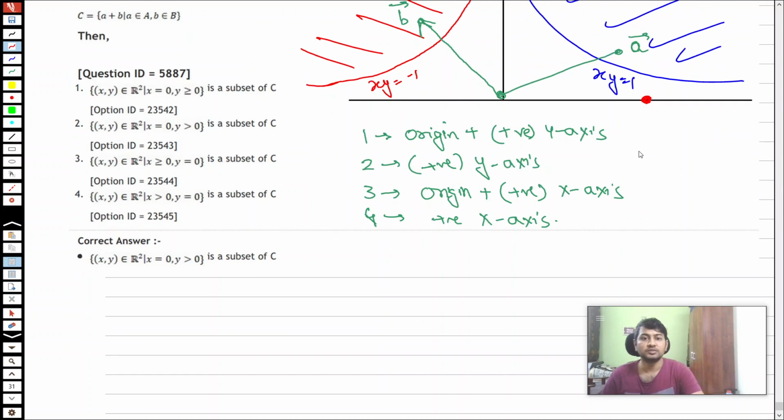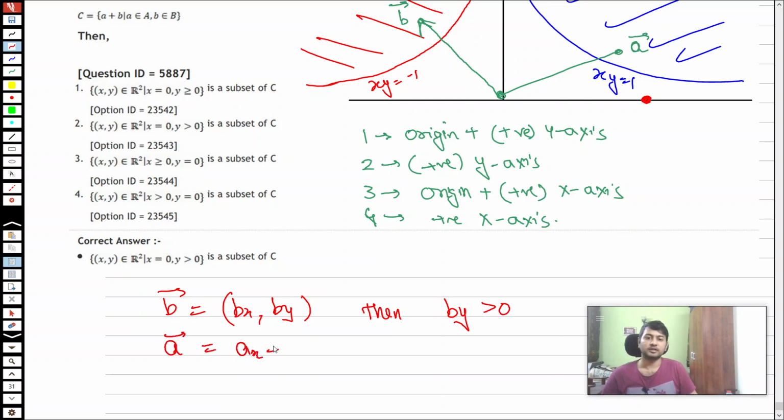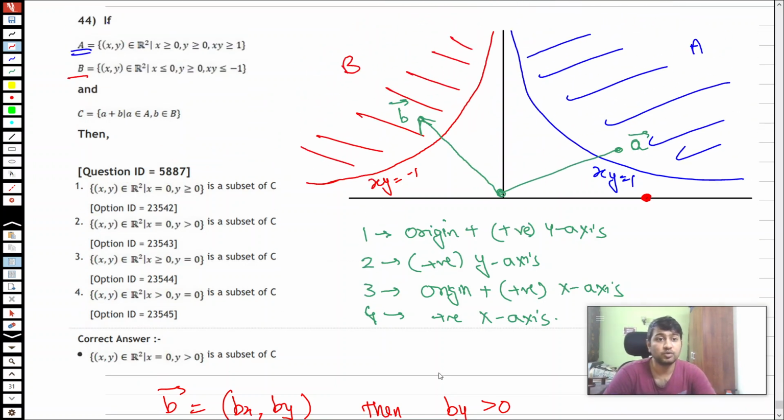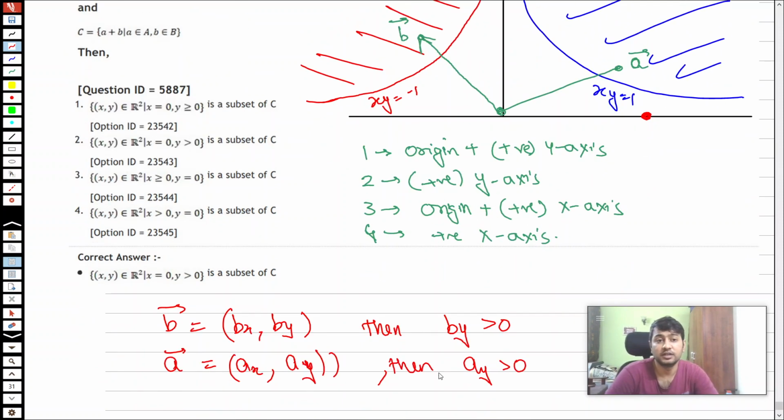But you see that the y coordinate, suppose b vector is bx comma by, then by is necessarily positive, and if a vector is ax comma ay, then ay is necessarily positive. So the y coordinates of both these vectors are necessarily positive.